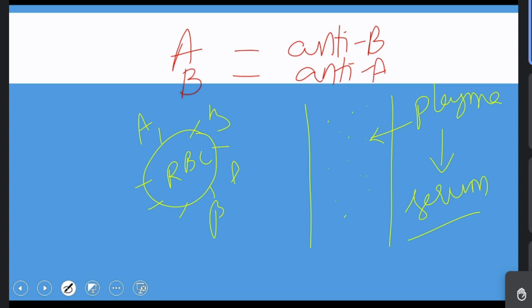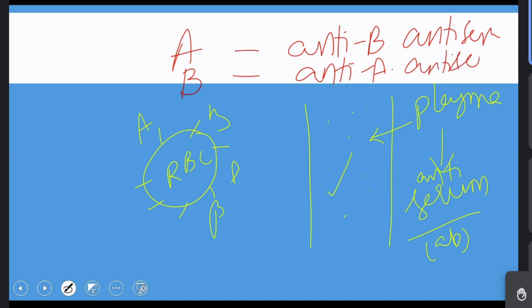This serum contains all the antibodies present in this individual, and as this serum contains antibodies, we call it anti-serum. So we can call this one anti-B serum, and this one anti-A serum.